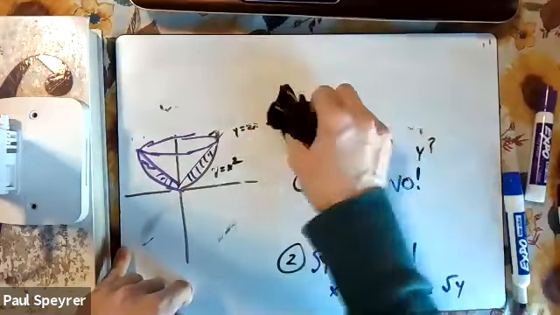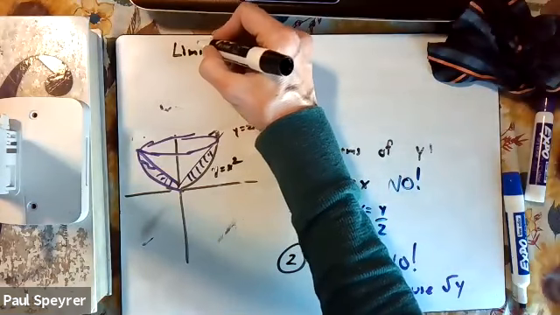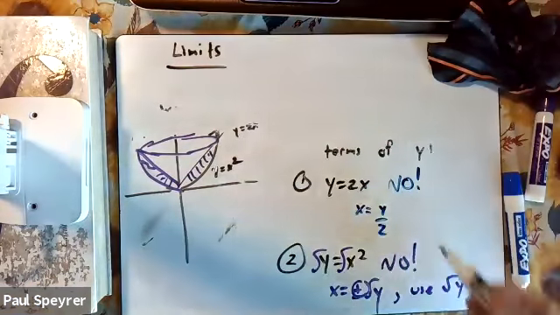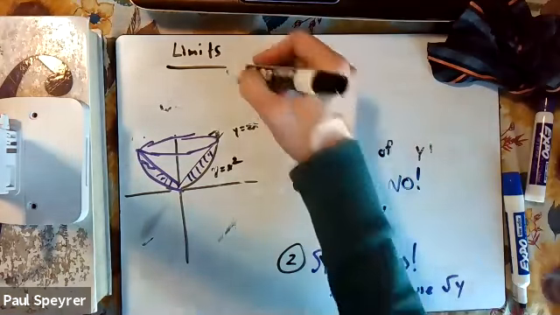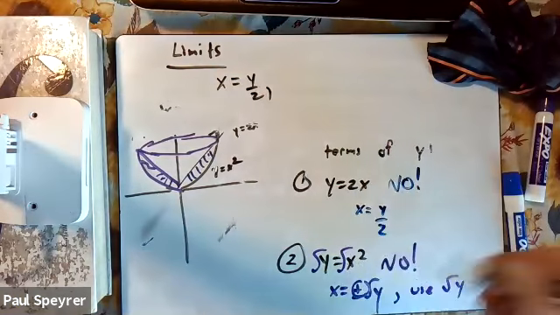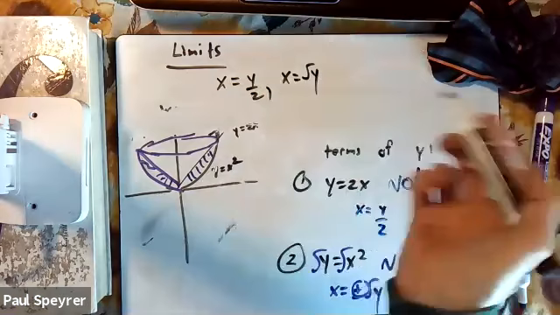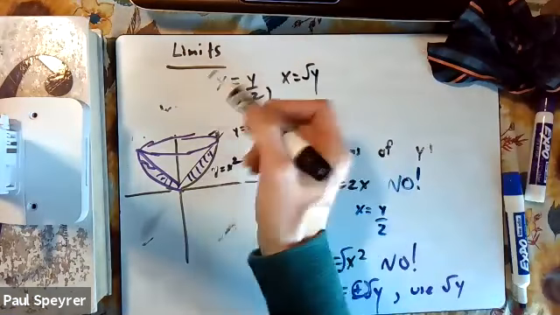So now we need to figure out what are the limits of integration. Well, you got to set these equal to each other, right? We have x equals y over 2. You also have x equals square root of y. And again, it doesn't matter which equation you substitute into the other.